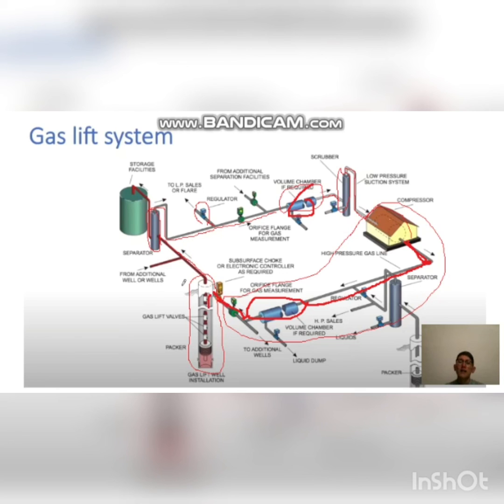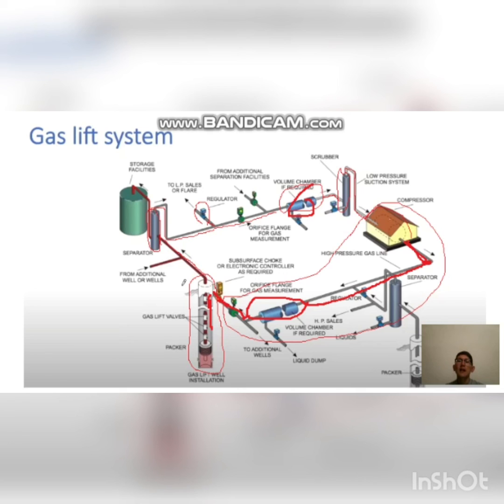So I can say that the gas lift system is a circulating system, because the produced gas goes through the whole process, and goes to the first stage, and gas is mixed with our fluid and goes to the separator again.